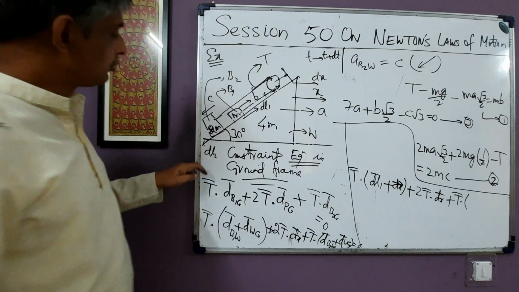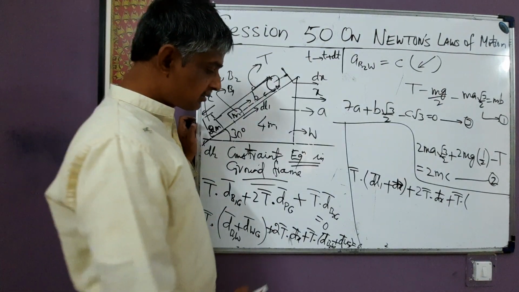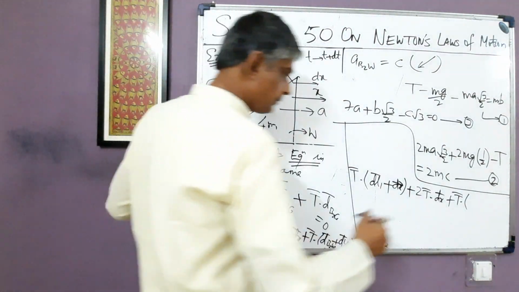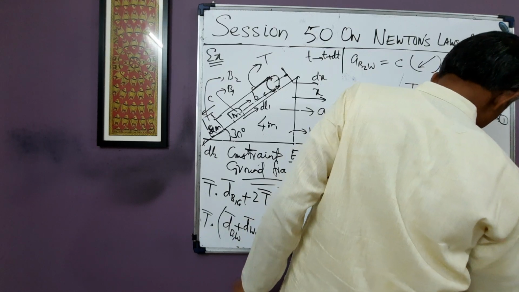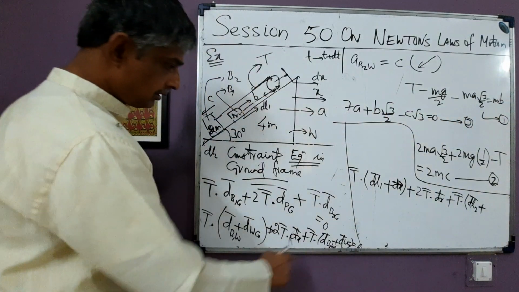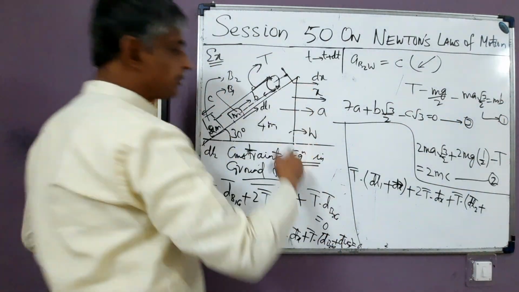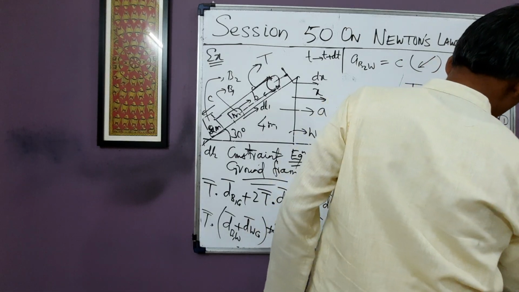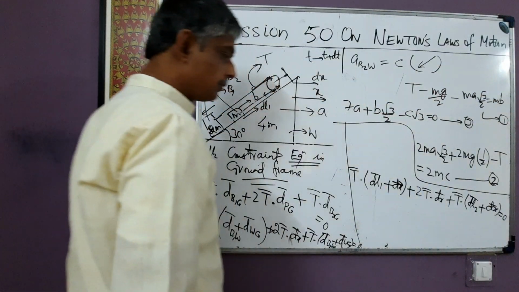What is dB2W? That is nothing but vector dL2, displacement of block B2 with respect to wedge, plus displacement of wedge with respect to ground, simply dx, that adds up to 0.